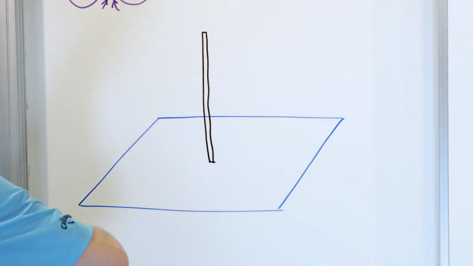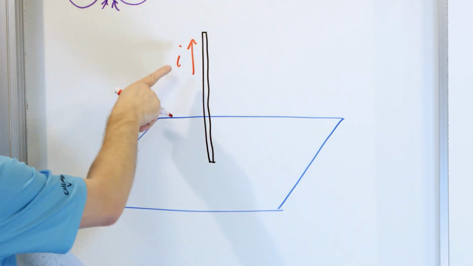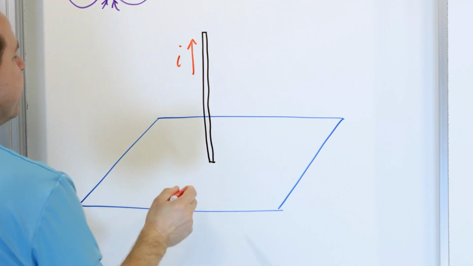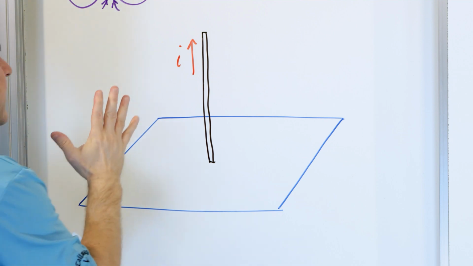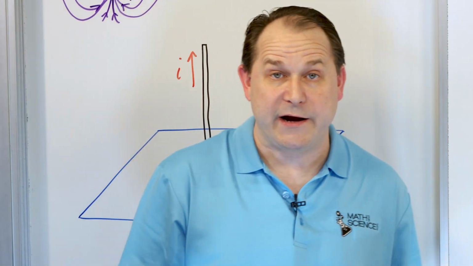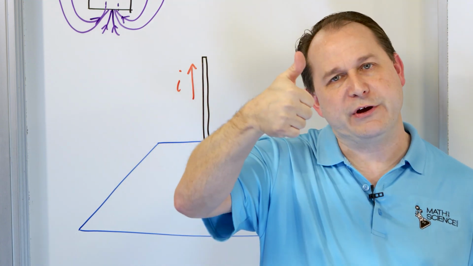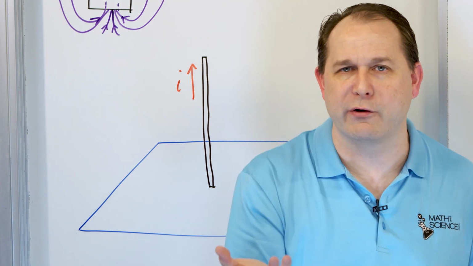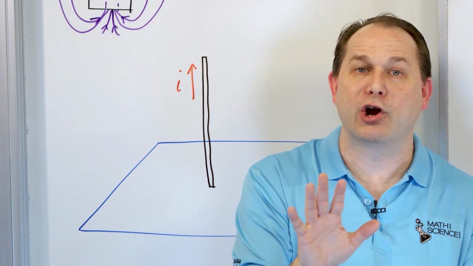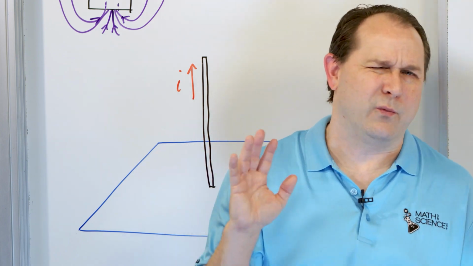Now, for the purpose of this example, let me pretend that the current is flowing up. I'm going to talk a little bit more about current in a second, but let's say the positive current flow is in the up direction. The magnetic field in a wire follows, as I mentioned before, the right-hand rule. Again, I know you probably have questions about what's positive current flow.